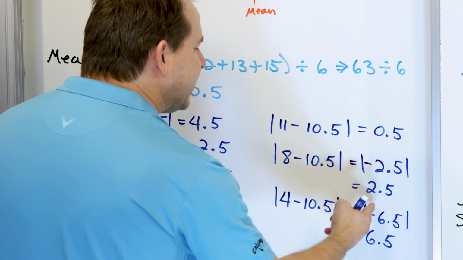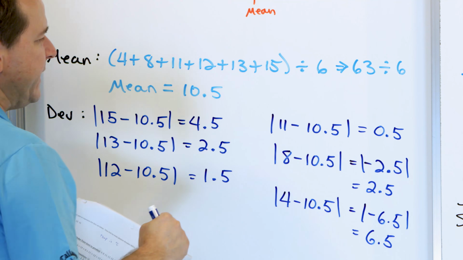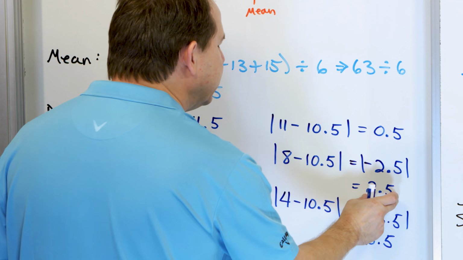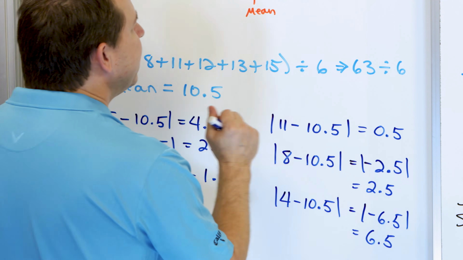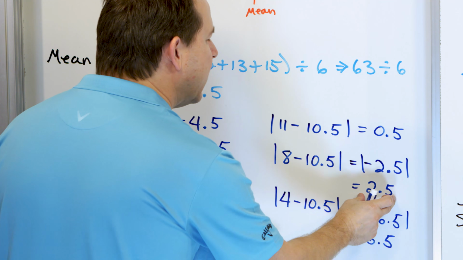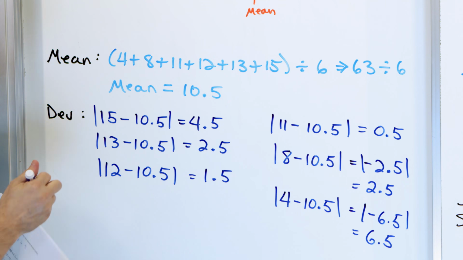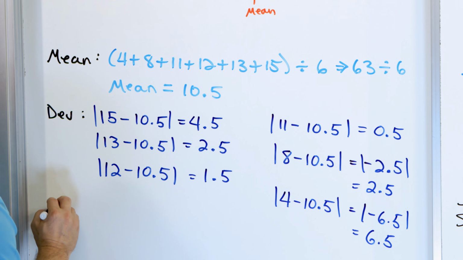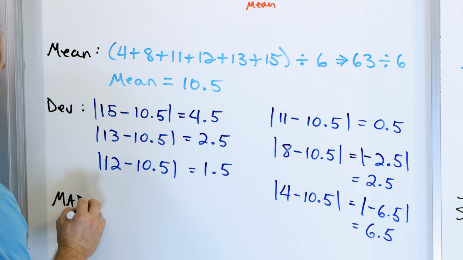Now, some of them we got negative numbers. That just meant they were below the mean. But when we take the absolute value, it's just telling us how many units it is away from the mean, even though it's negative. Now, once we have these deviations, we calculate the MAD, right?